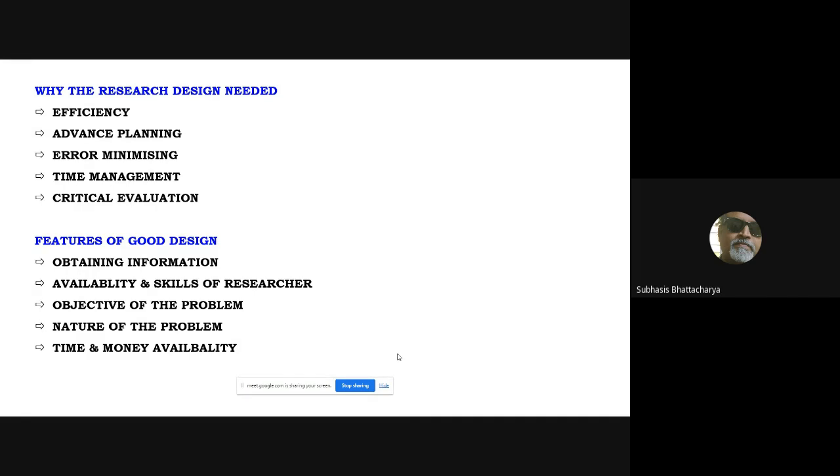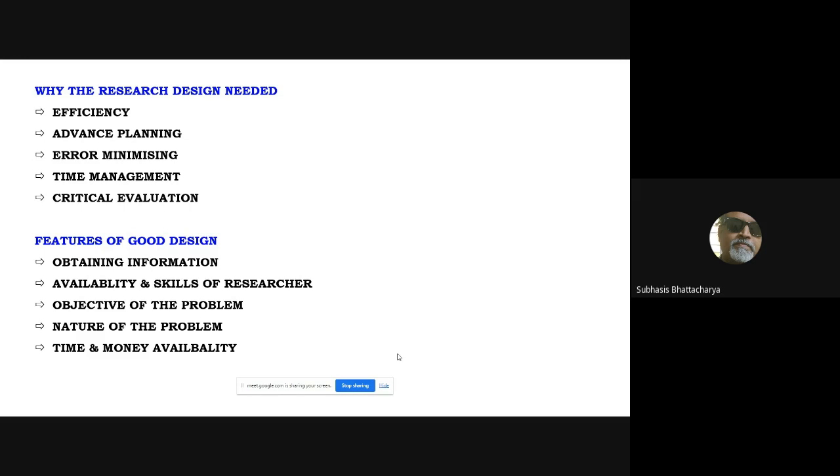But when the purpose of the study is an accurate description of a situation or the association between variables, then accuracy becomes a major consideration, and the research design performs at its optimum level.